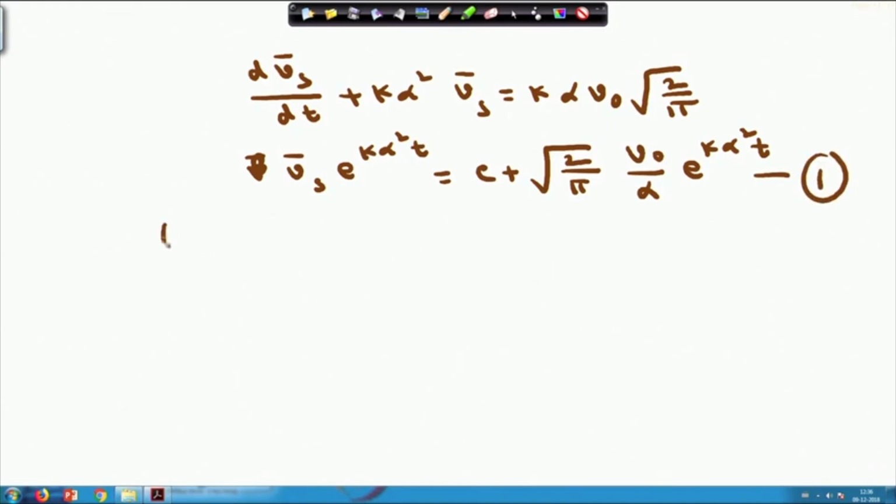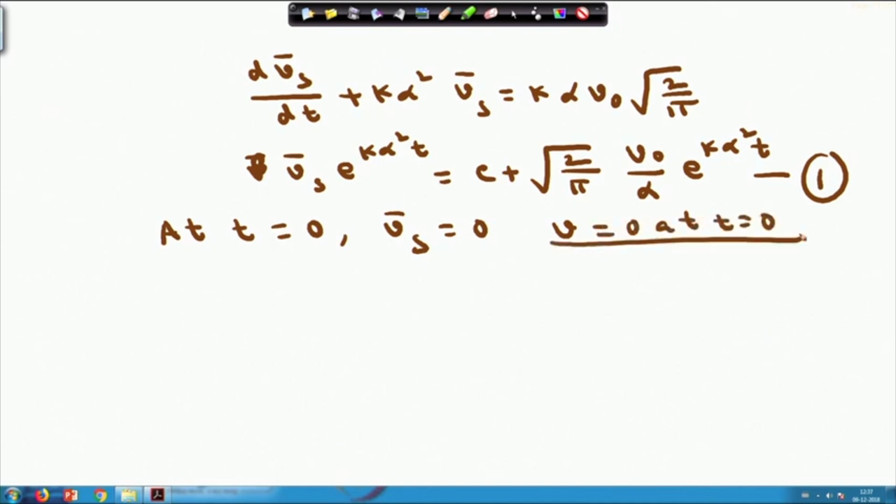At t equals 0, your v̄_s is 0. This is because we know that v equals 0 at t equals 0. This is known to us. Therefore, from here you can tell that v̄_s equals 0 at t equals 0.